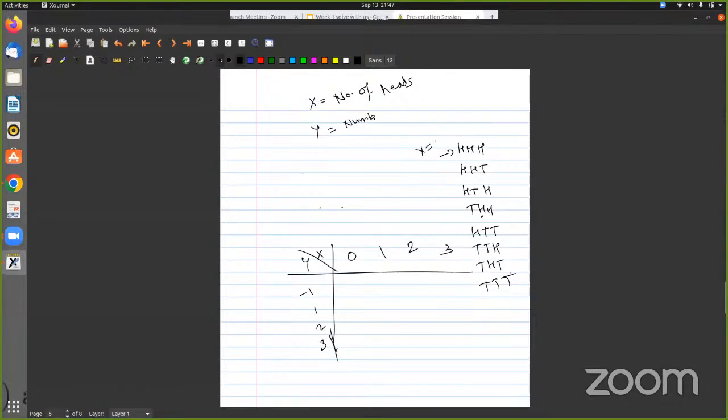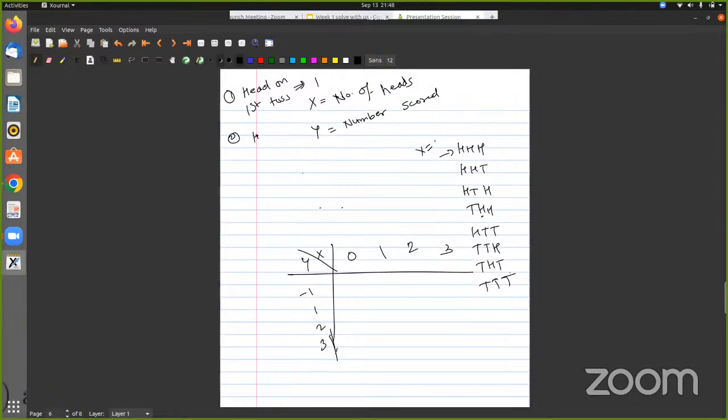So when I said there are 4 conditions, the first condition is when I get the first head on the first toss. If I get head on the first toss, the score is 1.